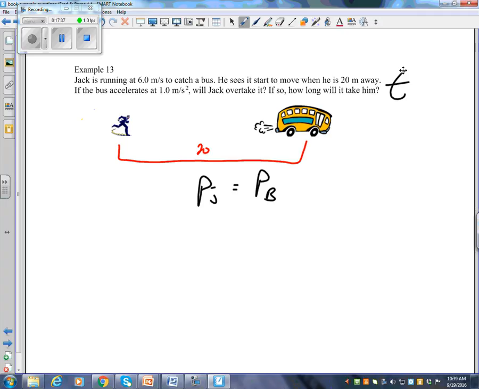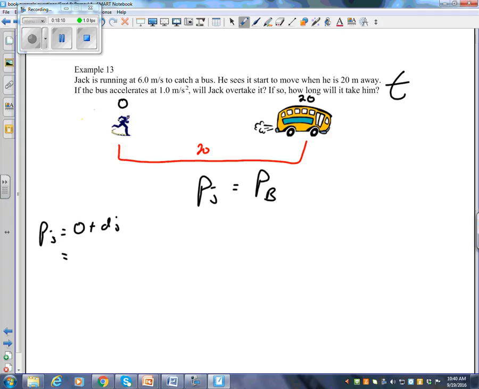Okay. So what is Jack's position? Drawing a line. Jack is starting at a position of 0. The bus is starting at a position of plus 20. The position of Jack is equal to his initial position of 0 plus his displacement, dj.